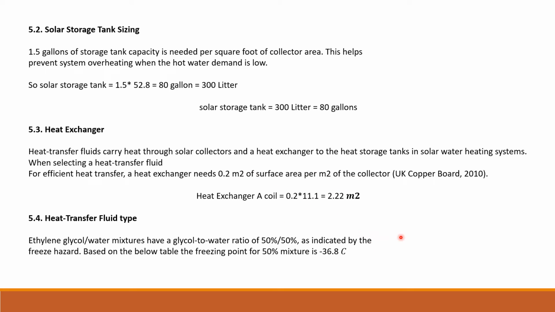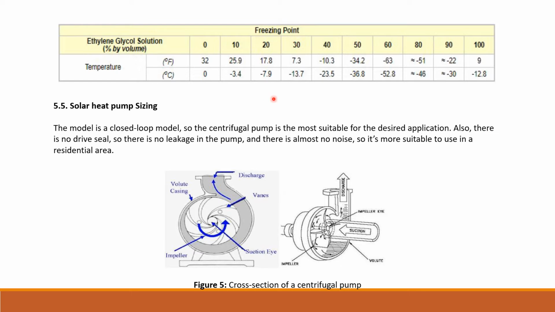In the heat transfer fluid type, we took ethylene glycol, as indicated by the freeze hazard. In this table, we discuss the freezing point in Fahrenheit and degree centigrade for different concentrations of ethylene glycol.